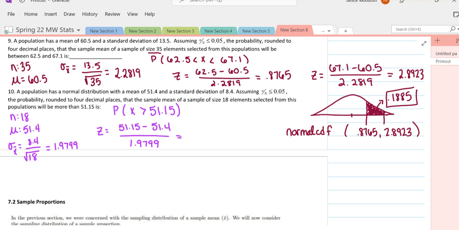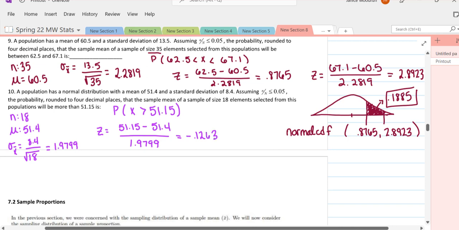So negative 0.1263. And then if we put that on our chart, that's slightly to the left of 0, so maybe about right here.